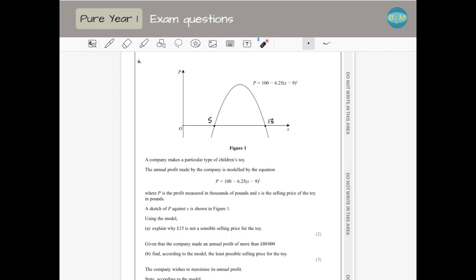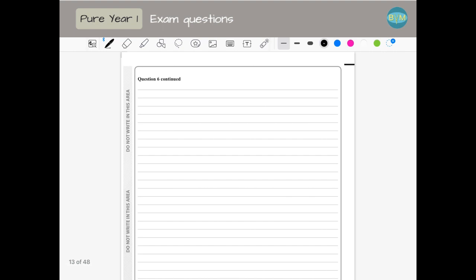So it's not a sensible selling price because the profit would be negative. They could have a loss instead of a profit. For £15, profit is negative, so loss, not sensible.